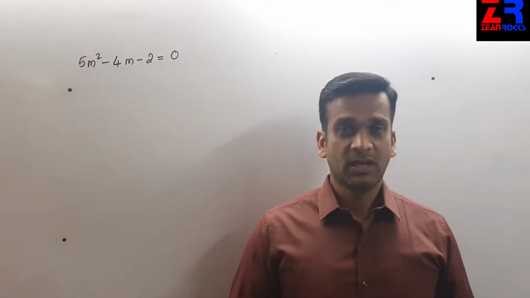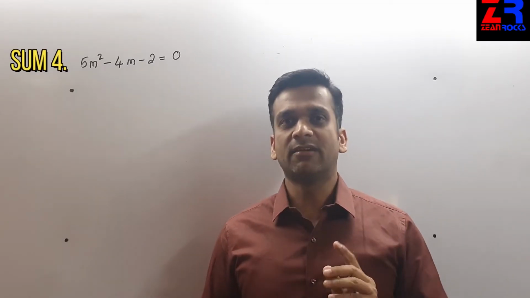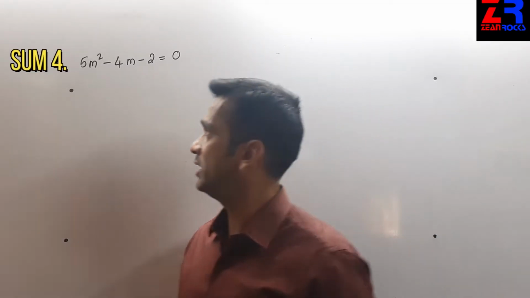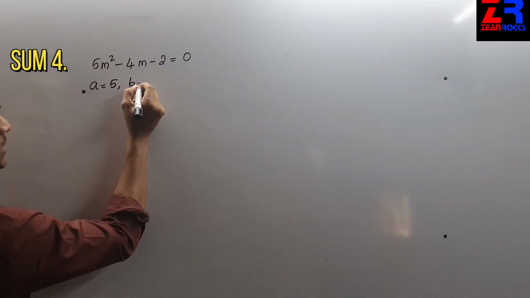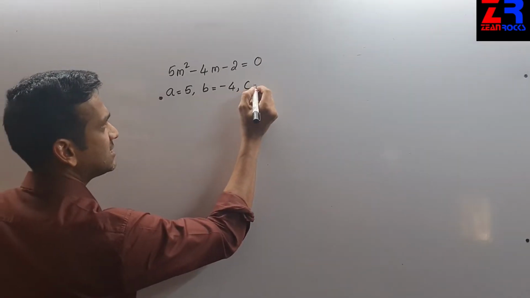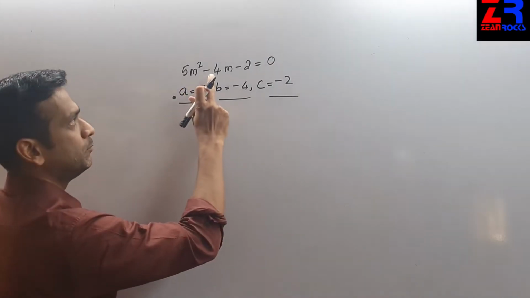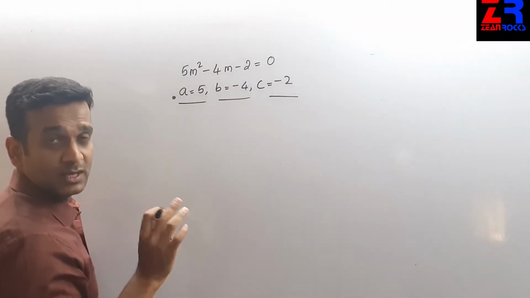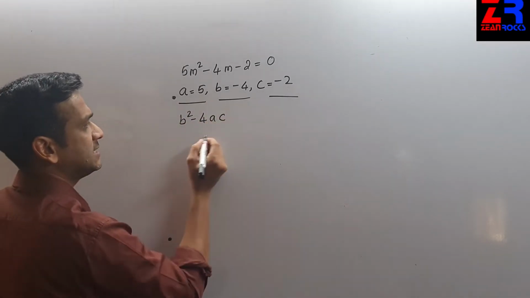Sum number 4. The first part is finding the values of a, b, c. Find the value of b square minus 4ac. Let us start. A is equal to 5, b is equal to -4, c is equal to -2. You got the values of a, b and c. Then b square minus 4ac.